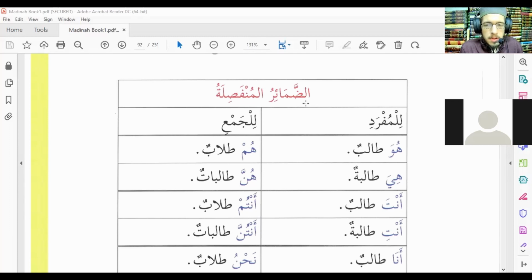The way that we divide pronouns in English and in Arabic are different. In English, we divide pronouns into three things: subject pronouns, object pronouns, and possessive pronouns. And this is the one place in the modern English language that these grammatical cases remain.